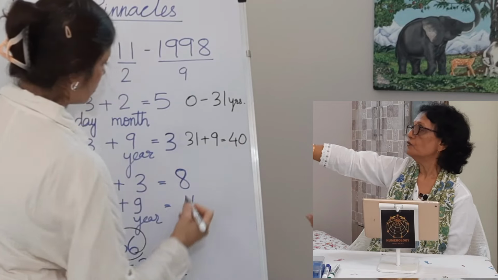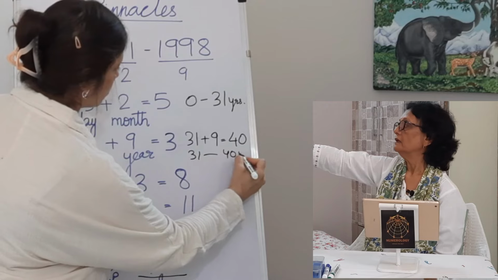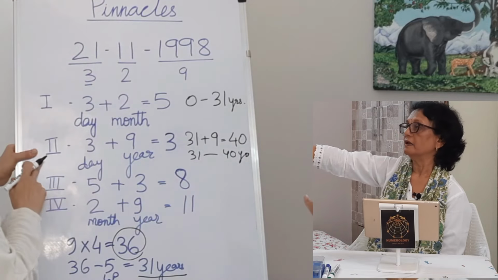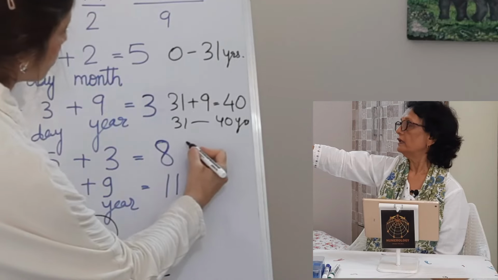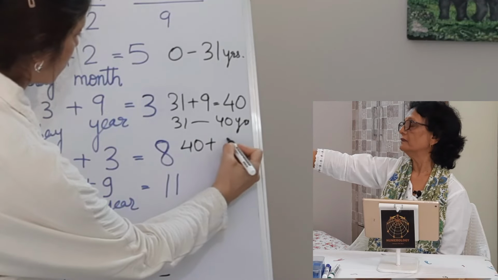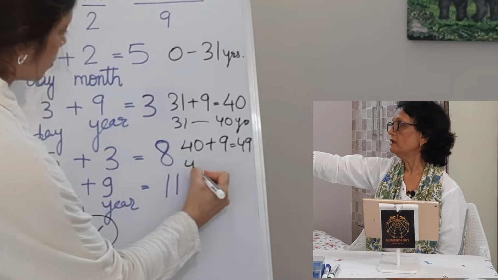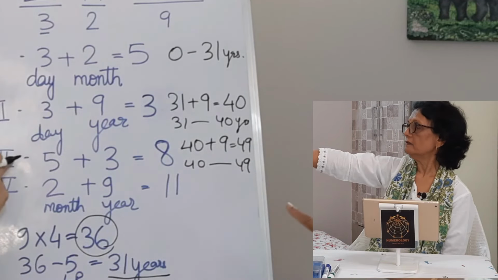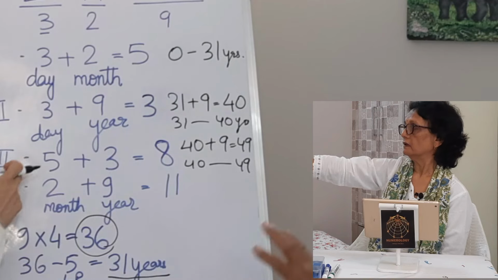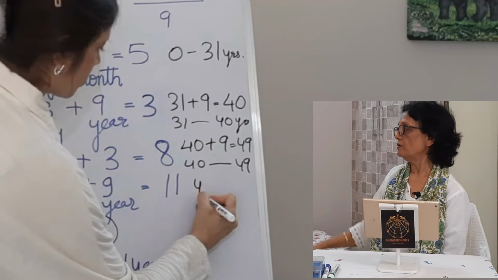From 31 till 40 is the period of the second pinnacle. For the third pinnacle, 40 plus 9 is 49. So from 40 to 49 years is the third pinnacle. And the last pinnacle is 49 years onwards.